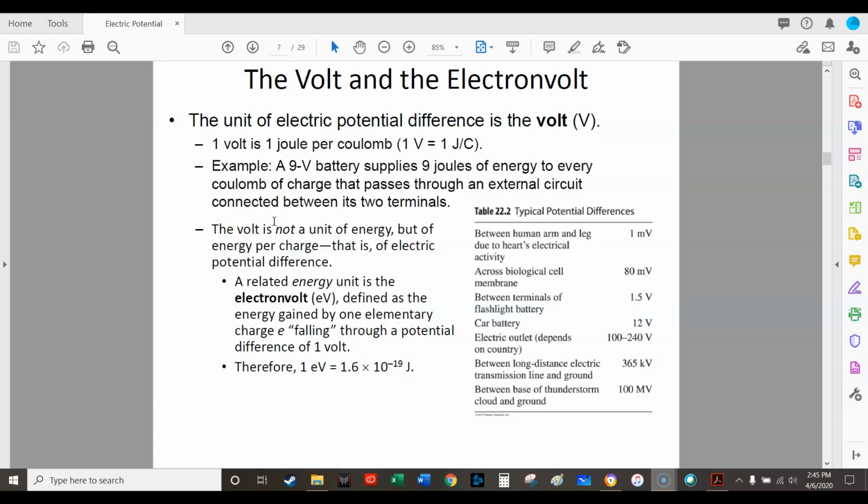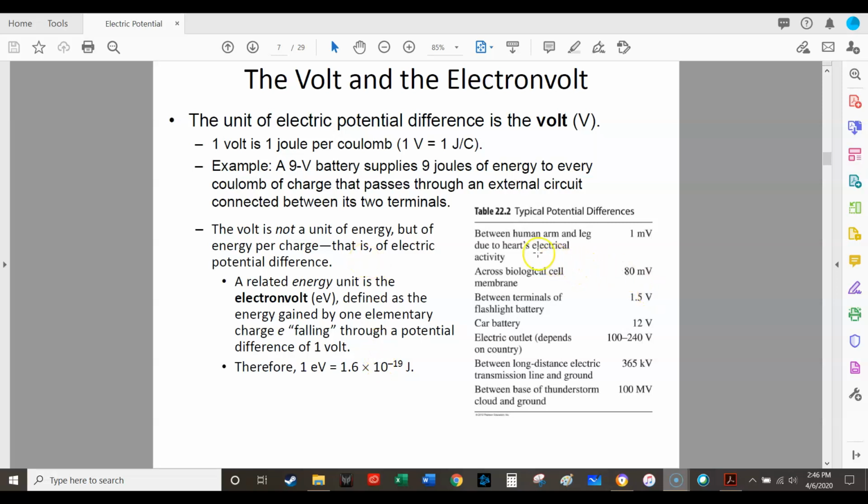A joule is a unit of energy, and a volt is a joule per coulomb. Okay. So you may have also heard the term electron volt, and basically, 1 electron volt is 1 joule divided by an electron's coulomb. So 1.6 times 10 to the negative 19th joules.